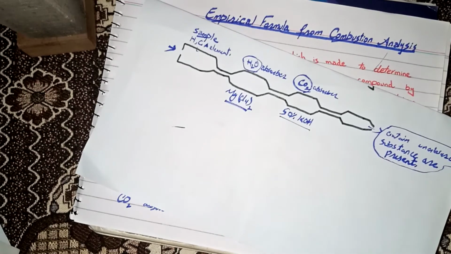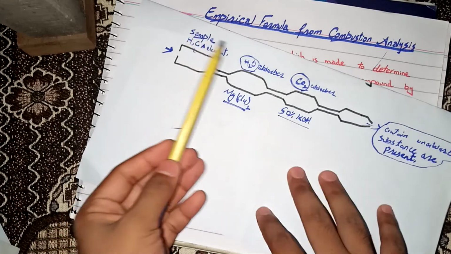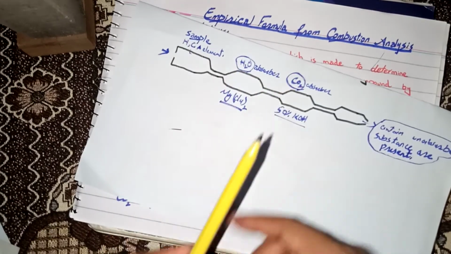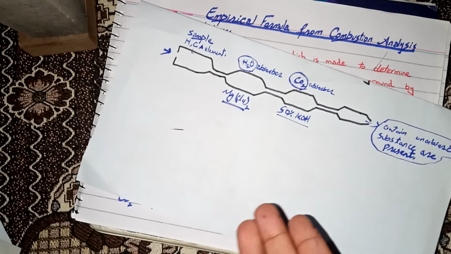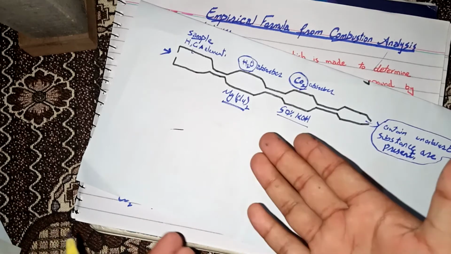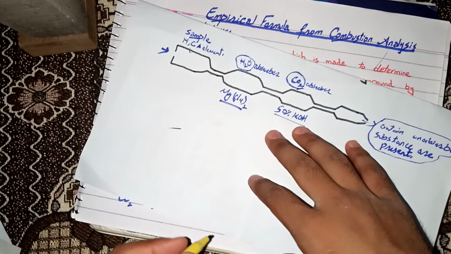Now we discuss the calculation, meaning how much carbon and how much hydrogen we obtain from this process. Now we write some formulas.